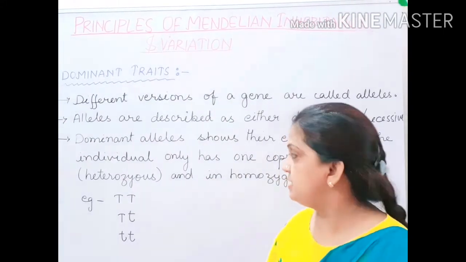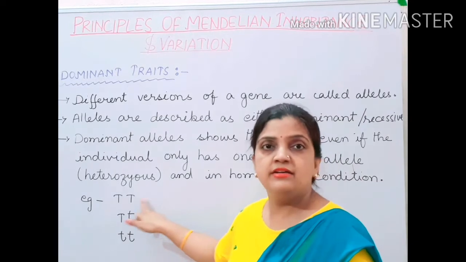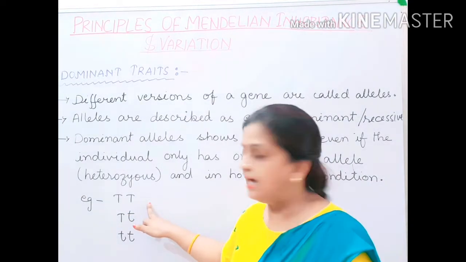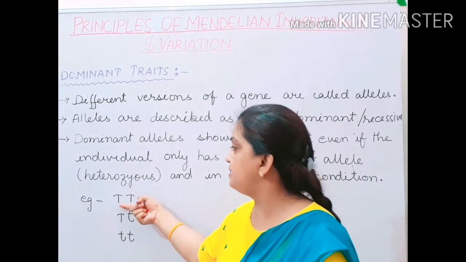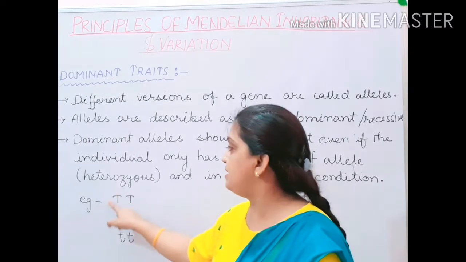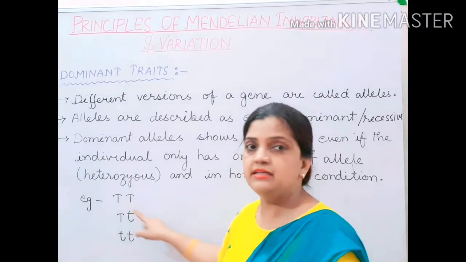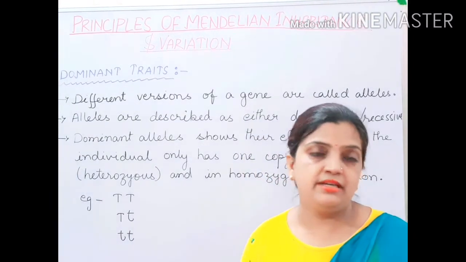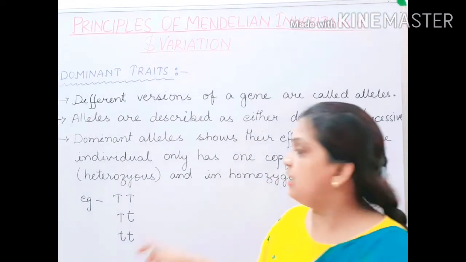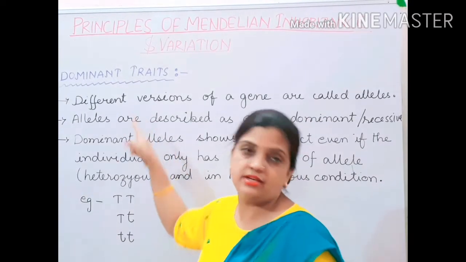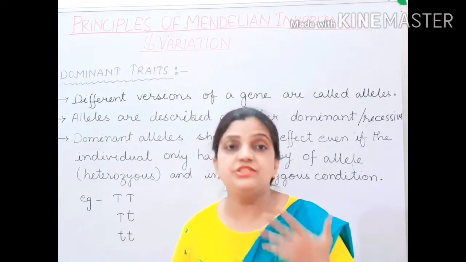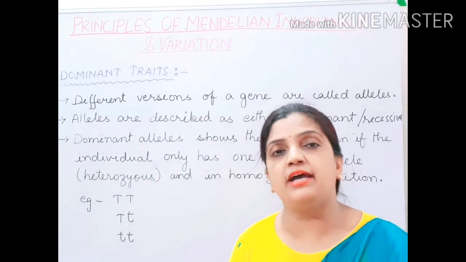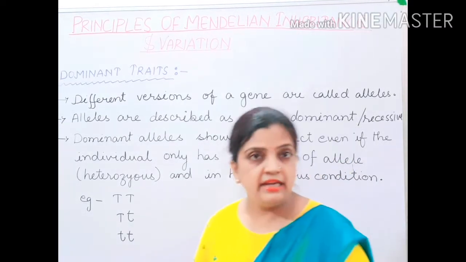If I take the example of T and T for the character height, this pair is a gene, and this single T is an allele, and this is also an allele. So one gene, one pair, has two alleles. We are going to use that concept to understand which character will become dominant and which will be recessive among individuals.